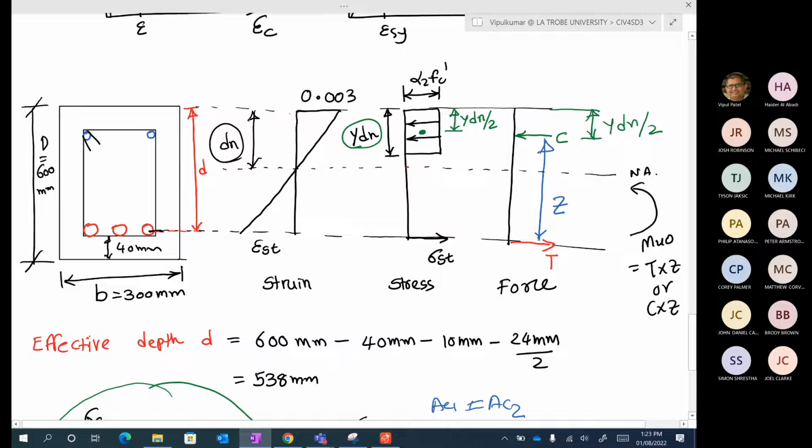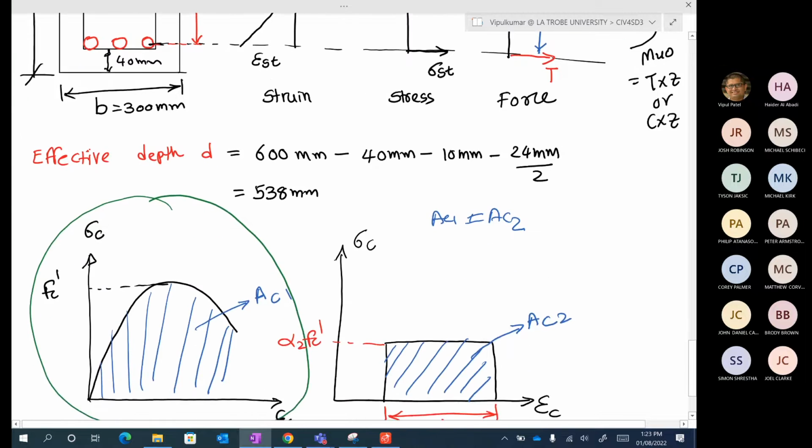Otherwise, if the C force is more than the T force, then your beam is rotating. When you build the beam and put it in the building, it should not rotate, right? It should be in internal equilibrium, meaning all the force in compression should be equal to the force in tension. So for that case, we know that C equals T. That will help us to unpack this dn.